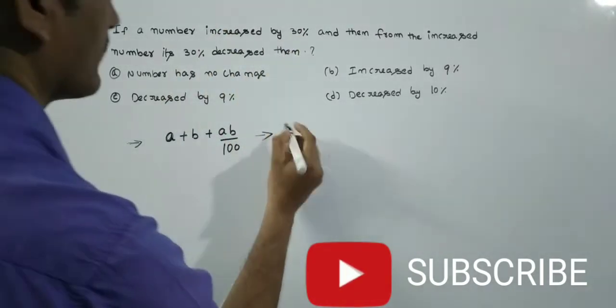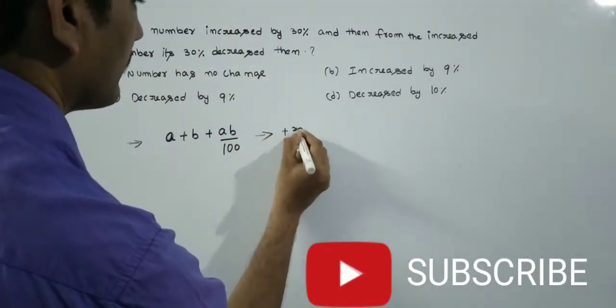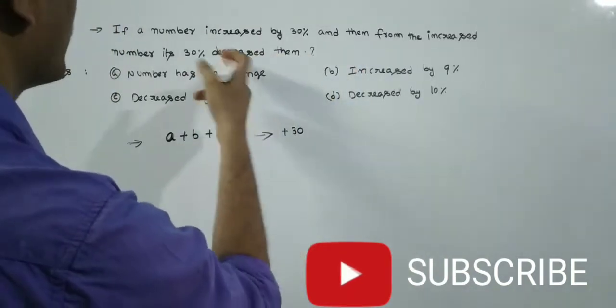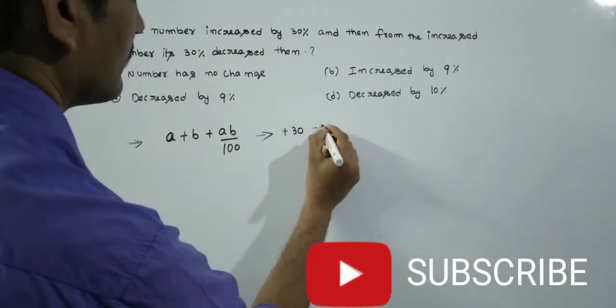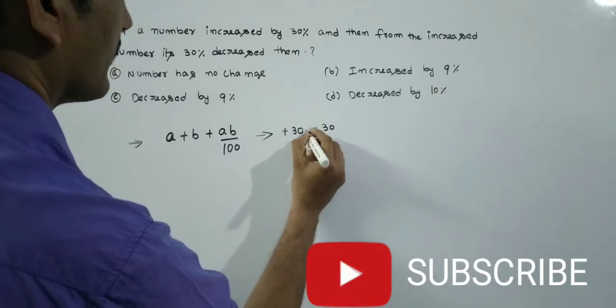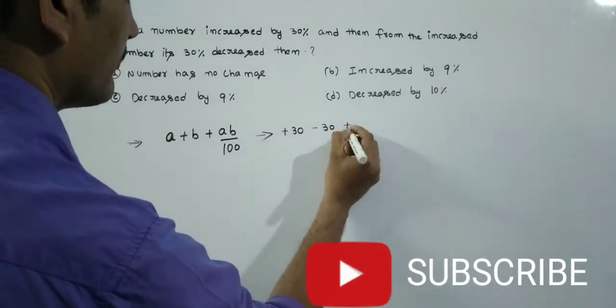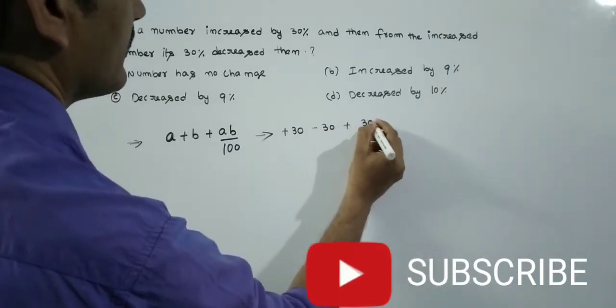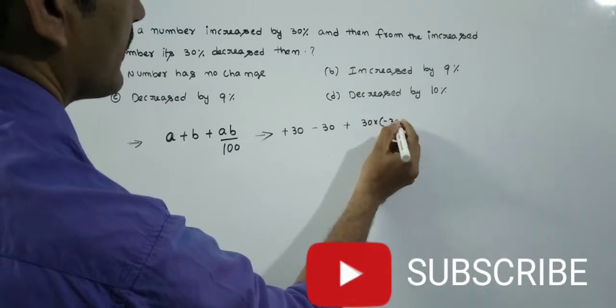A means 30%, that means plus 30. B is decreased by 30%, that means minus 30. Plus 30 into minus 30 again.